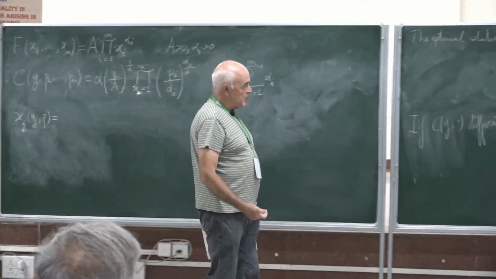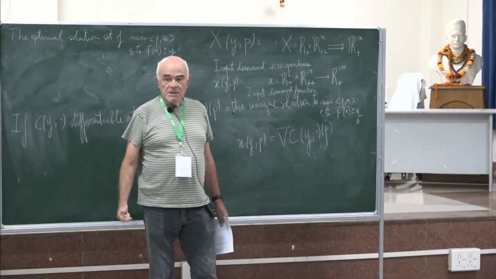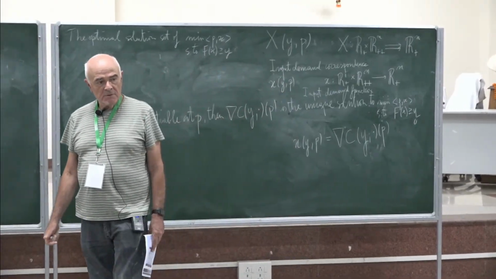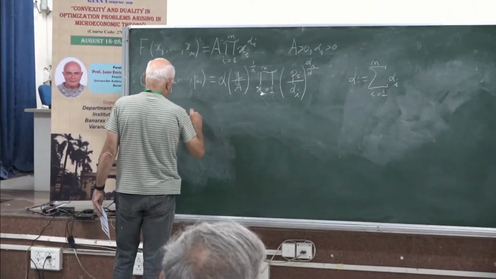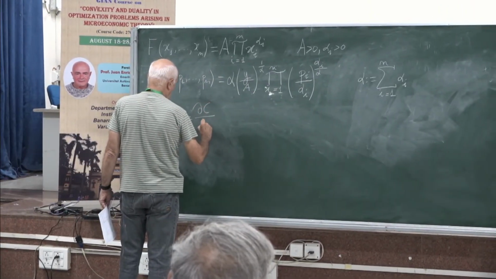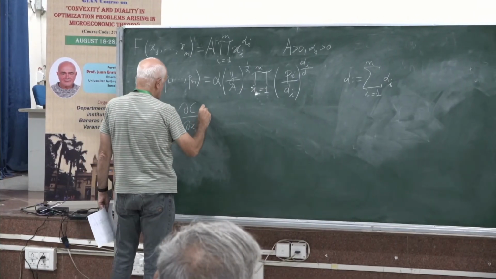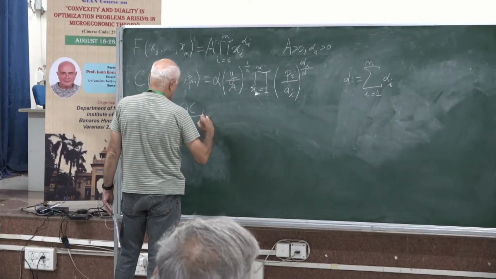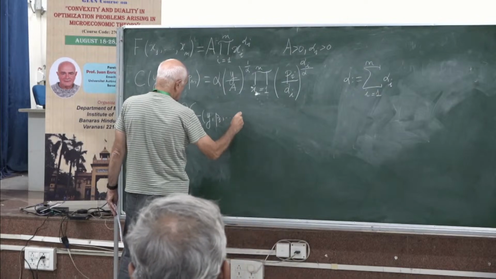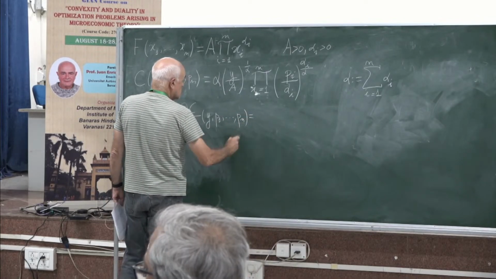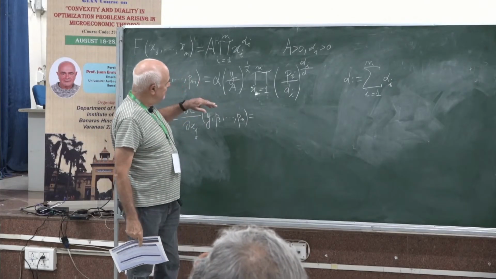Because the demand function is the gradient of the cost function, this is the jth partial derivative of the cost function. So I just take the derivative of this with respect to p_j.